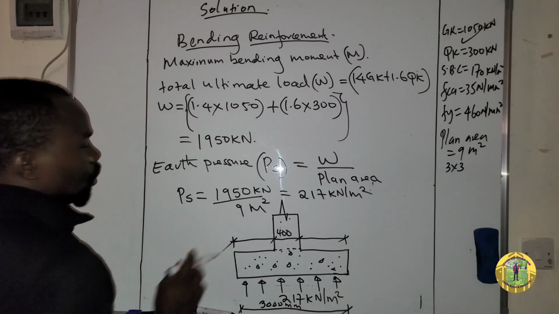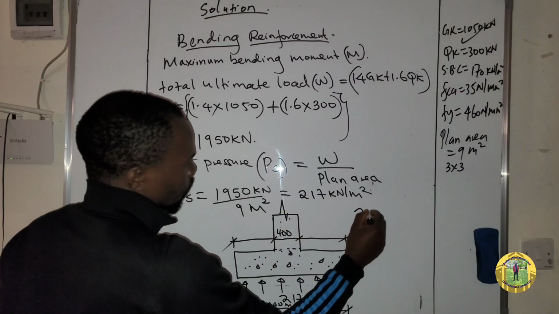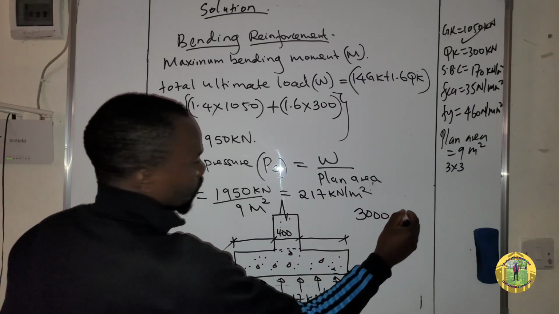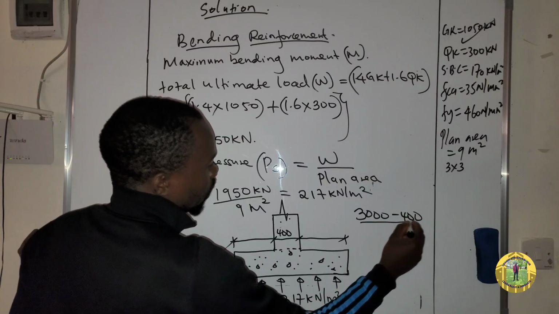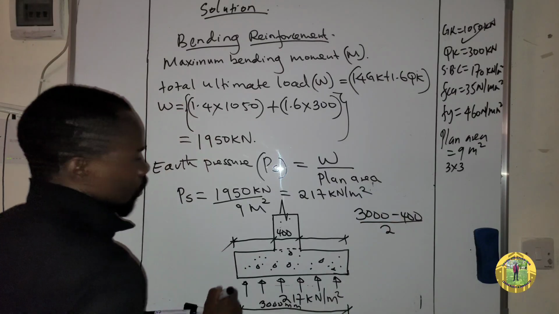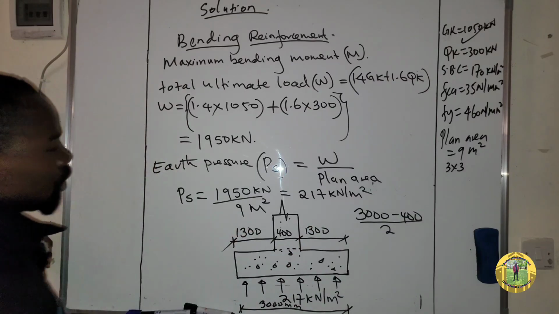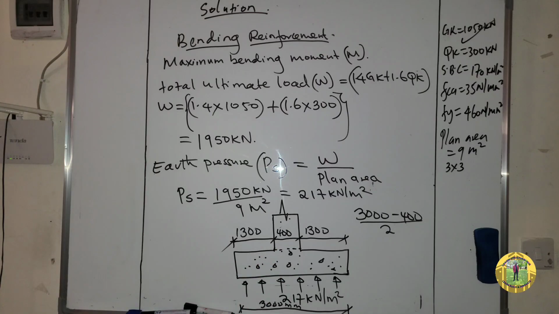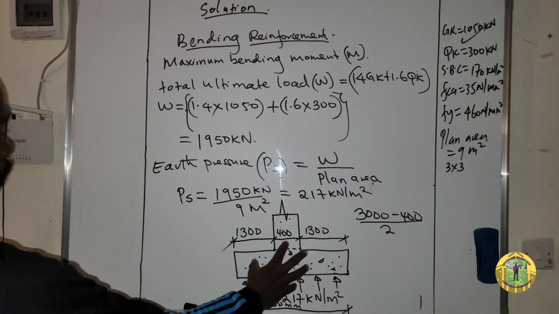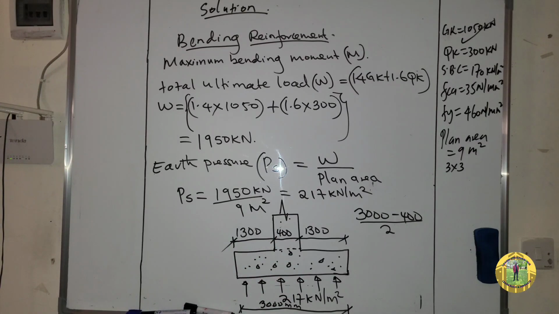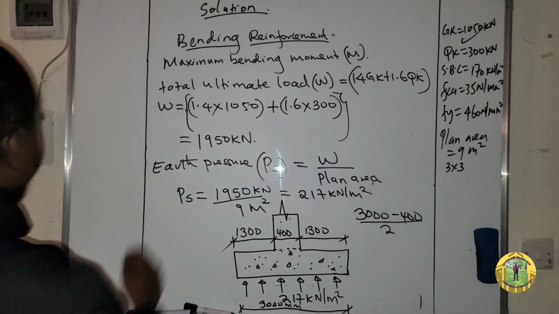So these two distances will be equal to 3000 minus 400, then divide by 2. So you will get 1300. Having done so, we can easily calculate our maximum bending moment, which is M, using this elevation diagram. So let's proceed now to our maximum bending moment M.